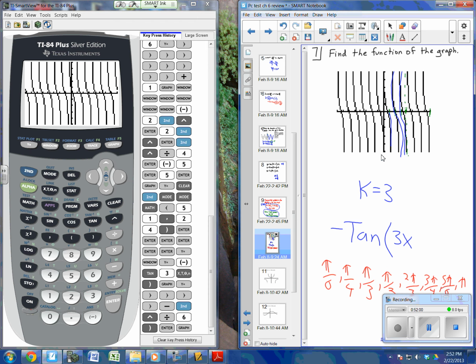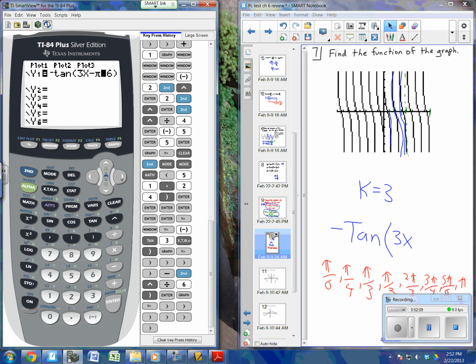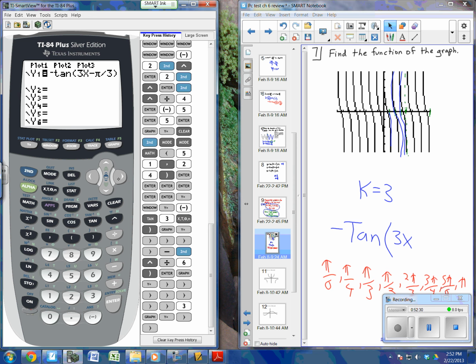I'm going to try pi thirds. So go back to my y equals. I'm going to change that 6 to a 3. See what that does. Even that didn't shift it. Let's try pi fourths. Still crossing up there on the y-axis a little bit.